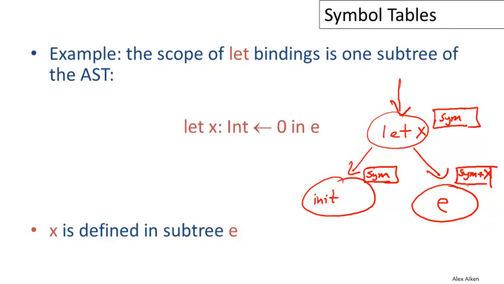So X is going to be added to the set of symbols before we process E. And then when we return from the sub-expression E, it's going to be removed. And so we'll restore the symbol table to its previous state, so that after we leave this subtree of the abstract syntax tree, we only have the same set of symbols defined that we had before we entered it.